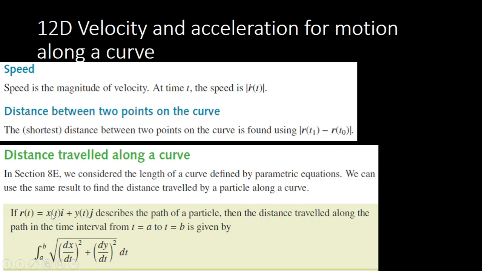You get your vector position, you differentiate each component, and you apply this formula. So you square each component function, you square root the sum, and that will give you a new function that you should be able to anti-differentiate just in terms of the t variable. So it's a slightly different process. Just be mindful of the difference between the two distances.